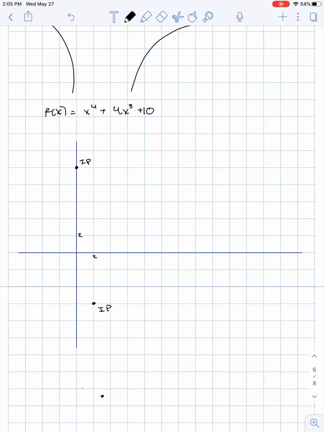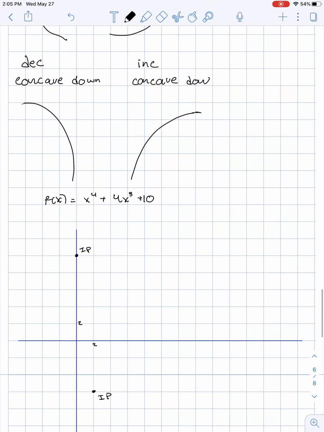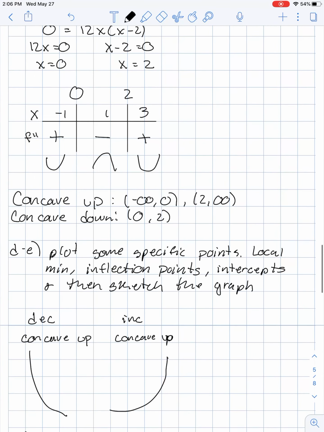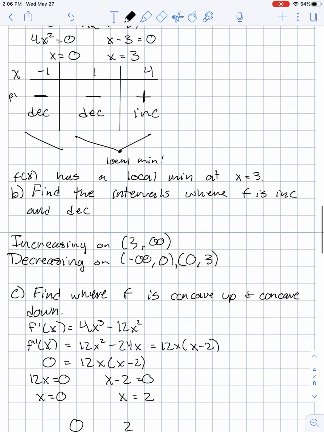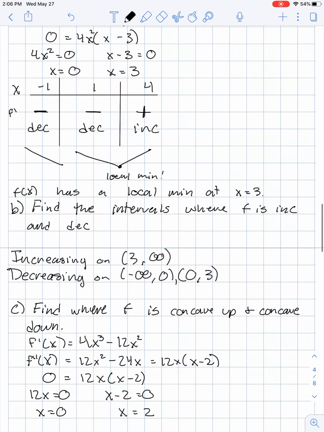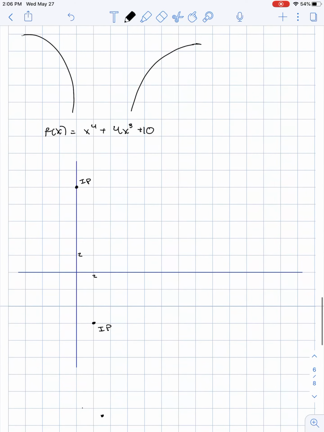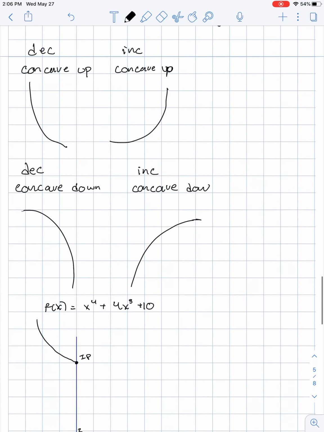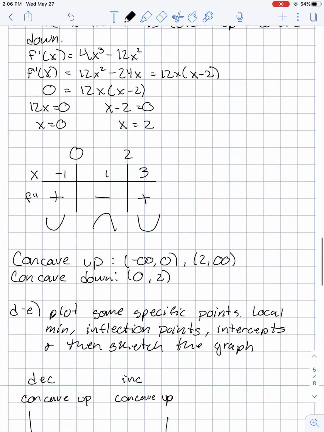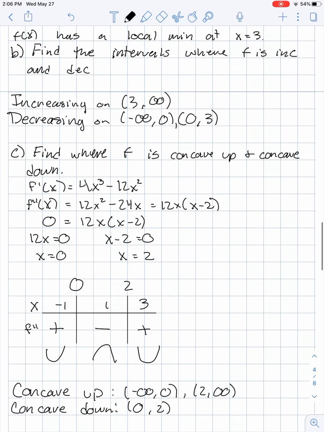All right, so I like to start to the left. To the left of my inflection point at 0, we were concave up. And then I'll scroll back up here to see if we're increasing or decreasing. We are decreasing. So we're concave up and decreasing. So we're going to look kind of something like this. And then from 0 to 2, we were concave down and still decreasing.